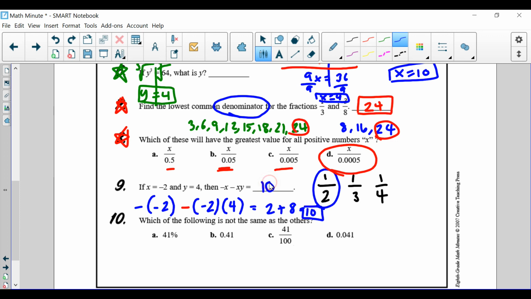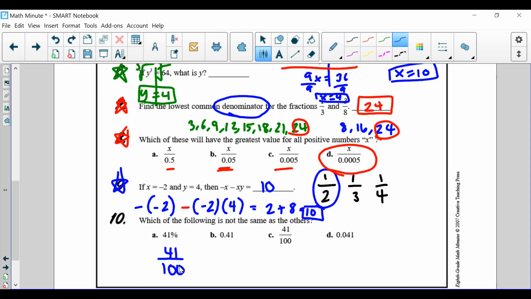All right, and then finishing up here, we've got which of the following is not the same as the others. Well, remember that percent means out of 100. So we've got 41 over 100. We've also got 41 hundredths. I'm going to rewrite that 100. I don't like the way it looks. 41 over 100.